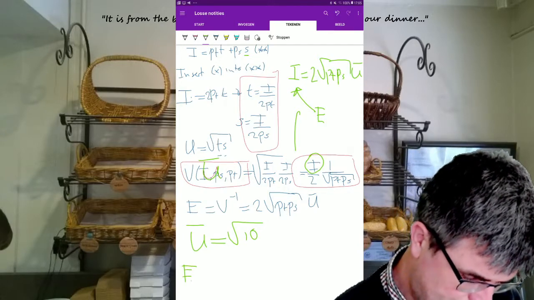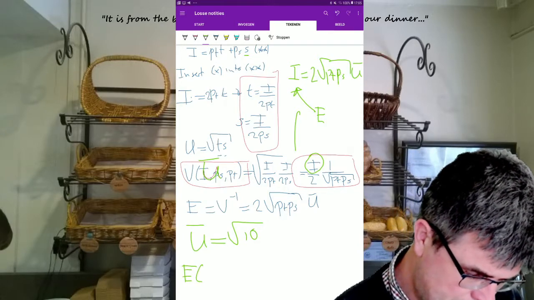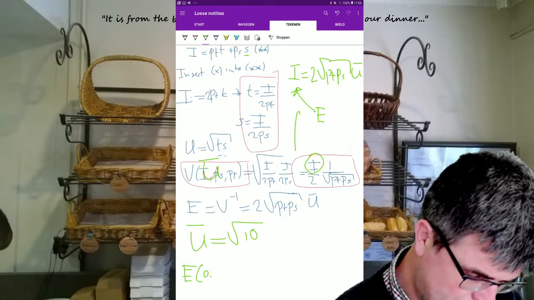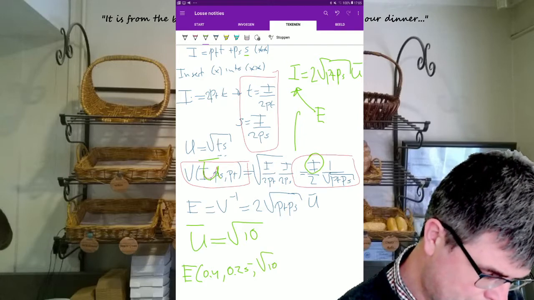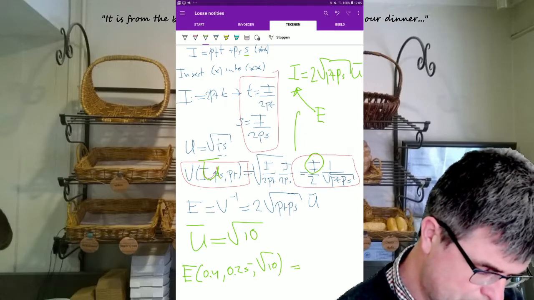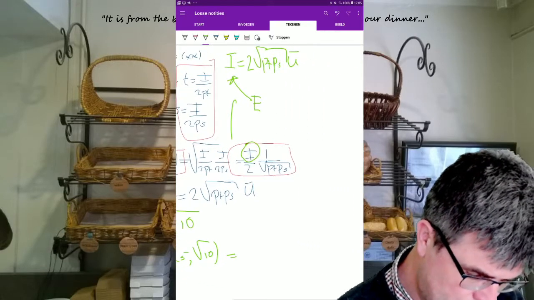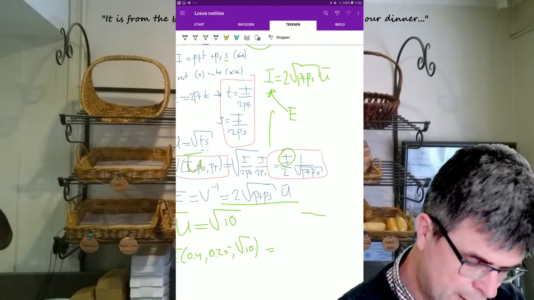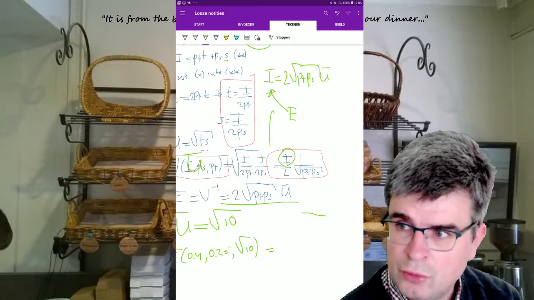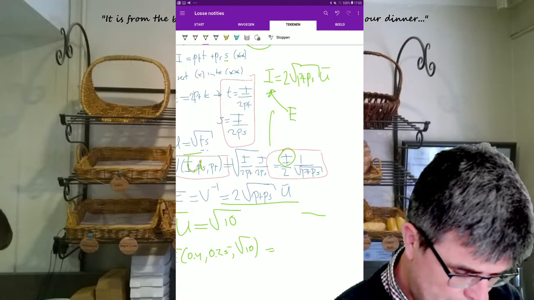So the expenditures at a price of Twinkies of 0.4, the price of soda of 0.25, and the fact that we want to reach a utility level of square root 10 is equal to simply inserting the prices and the utility level into the expression of the expenditure function.